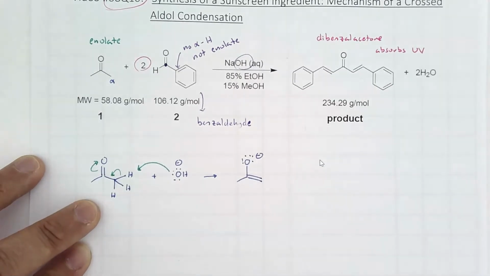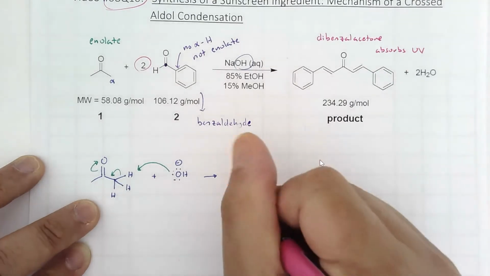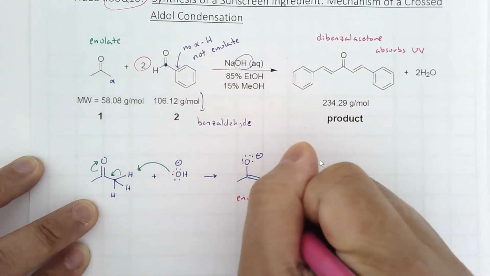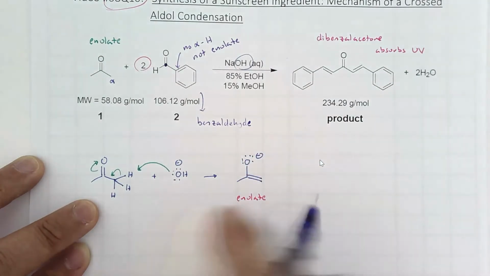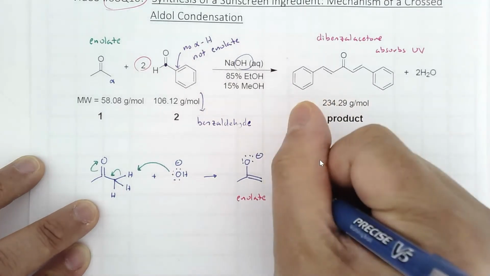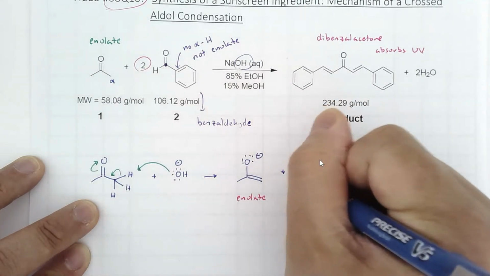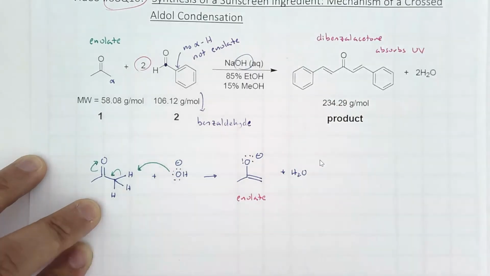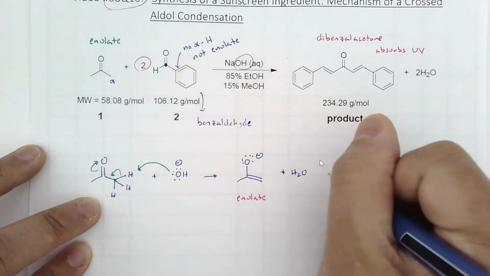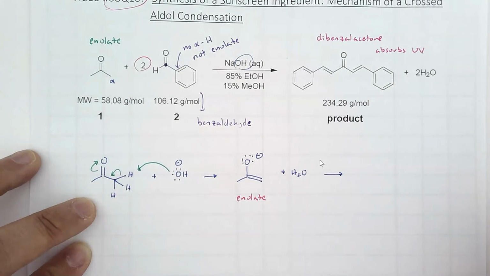That's an enolate. Okay, it's the oxygen anion form of the enolate. We also produce water, and I do like to put every product at each step that it was made in.